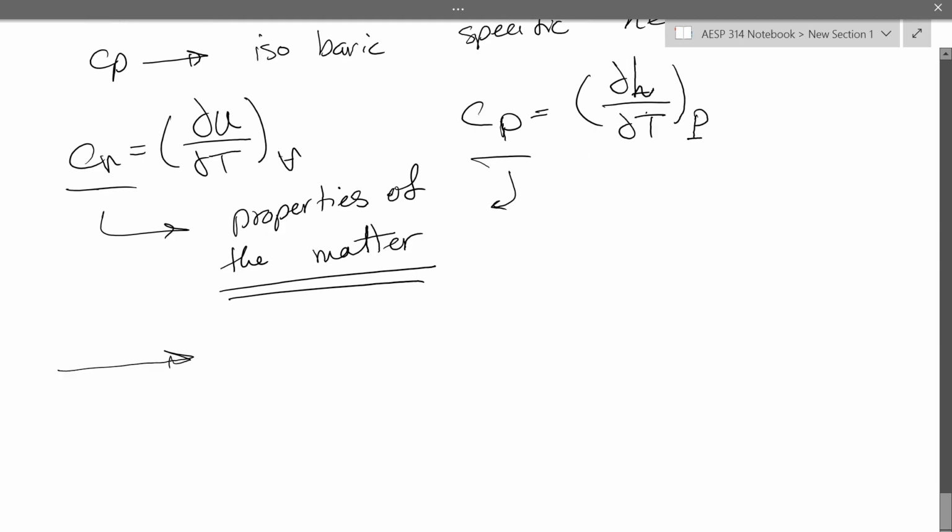Well, what can you say about these two, the specific heats, in liquids or even in solids? What can we say? Yes. They will be equal. But why is that the case?